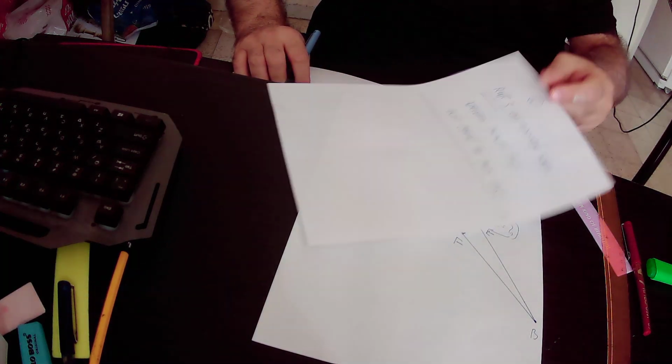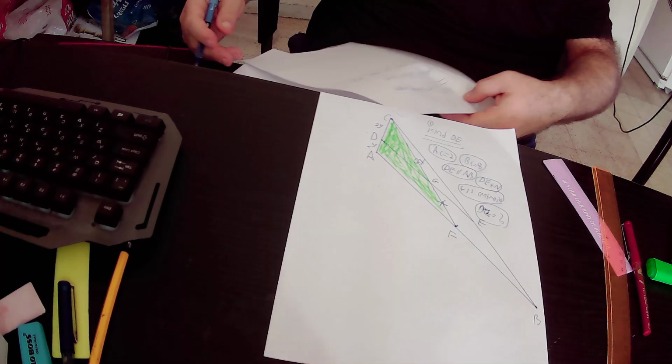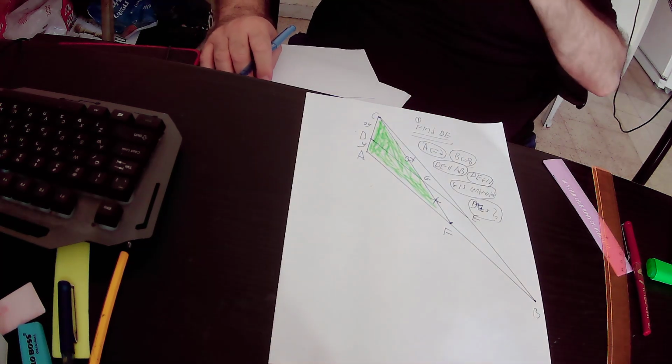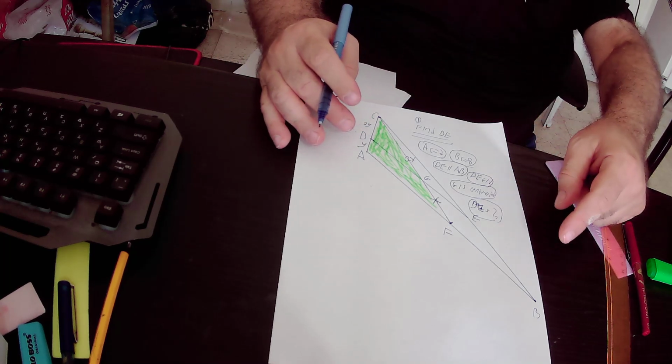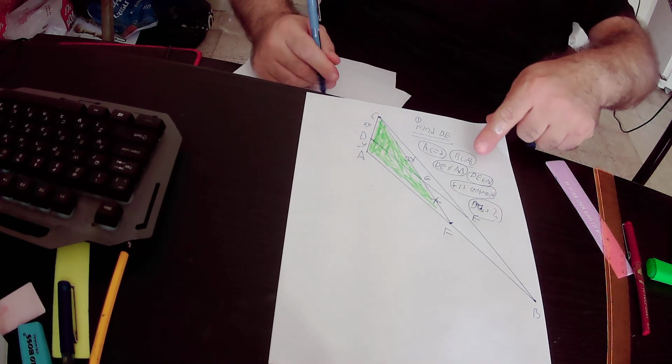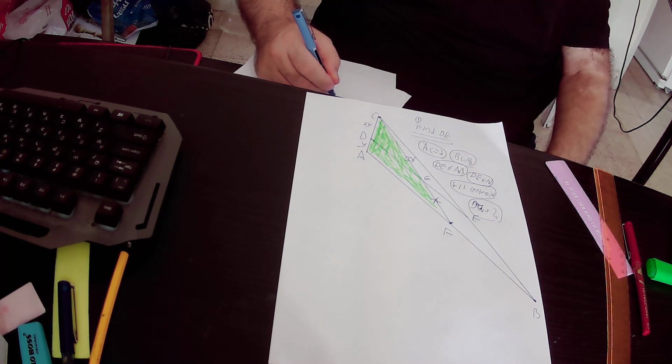So we actually can implement rule number 3 in our drawing, because we know that DE is parallel to AB. It is given to us in the question.